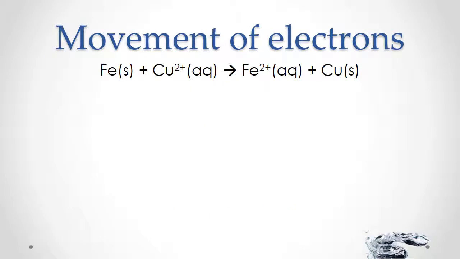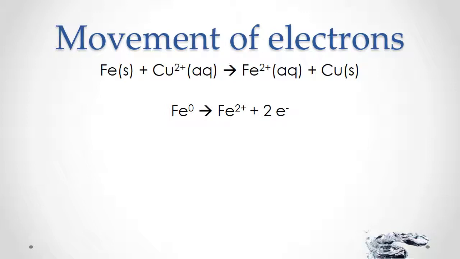So let's go back and look at this iron and copper 2+ goes to iron 2+ and copper equation. We take a look at the iron, and that's going to give up 2 of its electrons. It's going to have a 2- on the electrons, so we're going to have a 2+ charge on the iron itself.